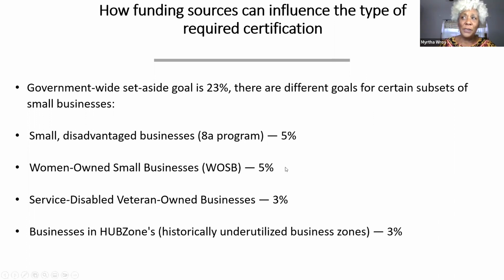So for the women-owned small business, there's the WOSB, which is open to everybody. But as a subset of the WOSB, you have your EDWOSB, that stands for economically disadvantaged. So that means that the woman-owned is open to all kinds of women, as I will show you on the slides as they come up, but the economically disadvantaged puts you in a smaller group.